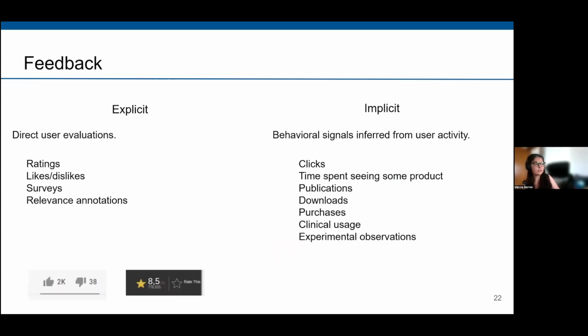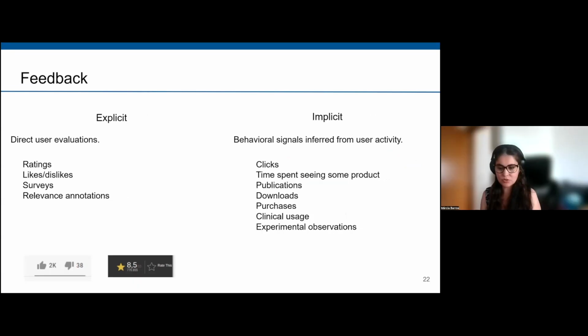Now, one very, very important thing in the recommendation system is the feedback. Usually here I write user feedback, but today I just say feedback because this feedback may not be from a specific user, as you will see, because my users may be diseases or genes or chemical compounds, okay? But this feedback is very important, so we can associate one user to an item.